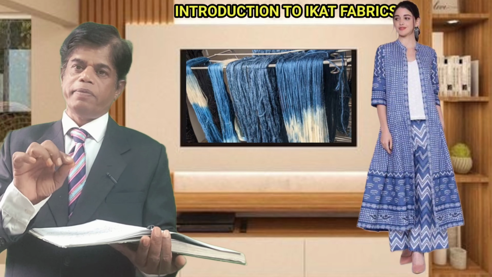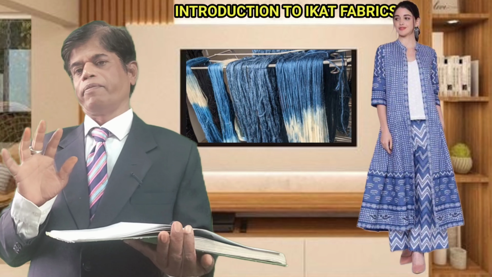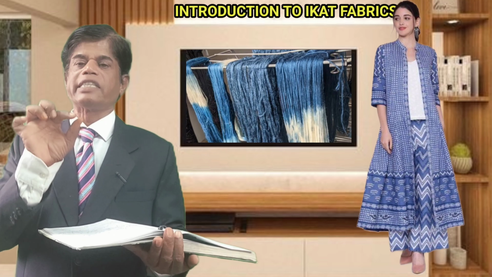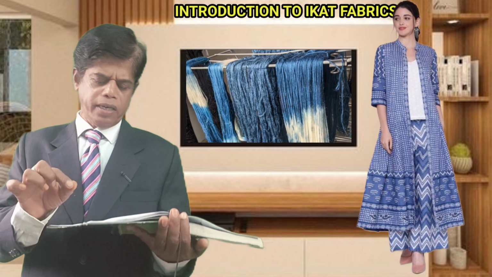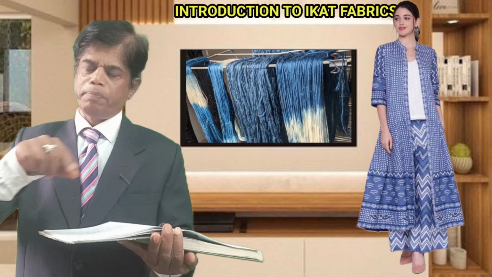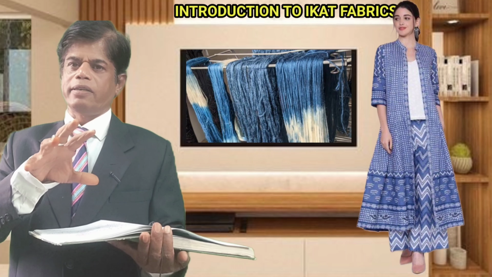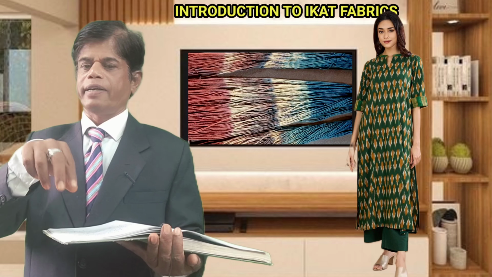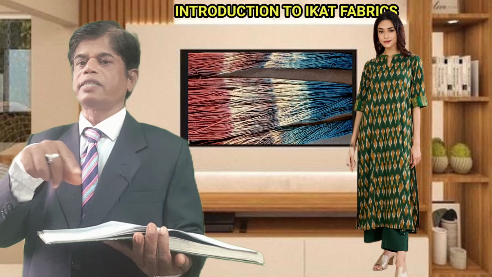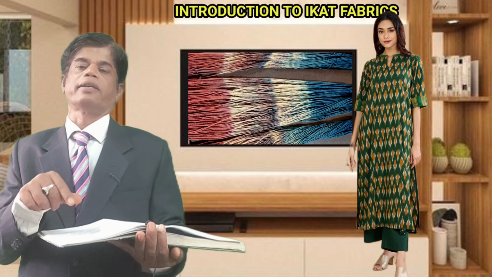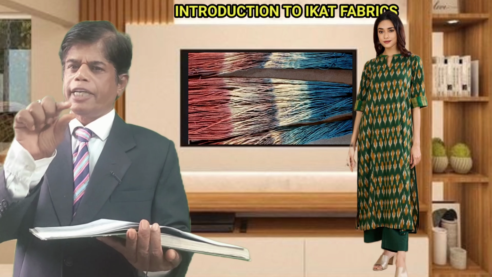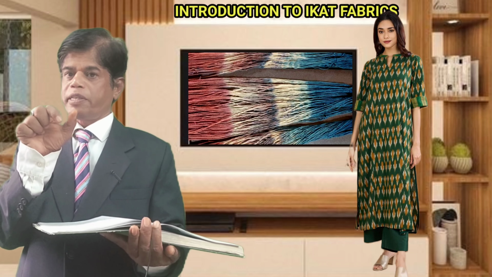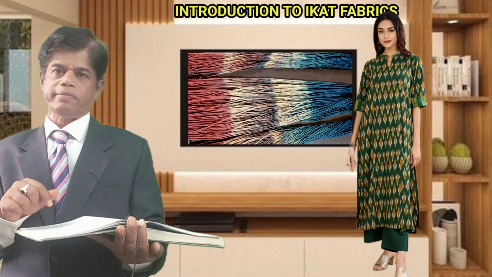Okay, it makes it resist the dye. This is a resisting technique. The part which is tied and bundled is protected to avoid penetration of the color into that part, so the color will not enter. A particular, specific length of the yarn is dyed.